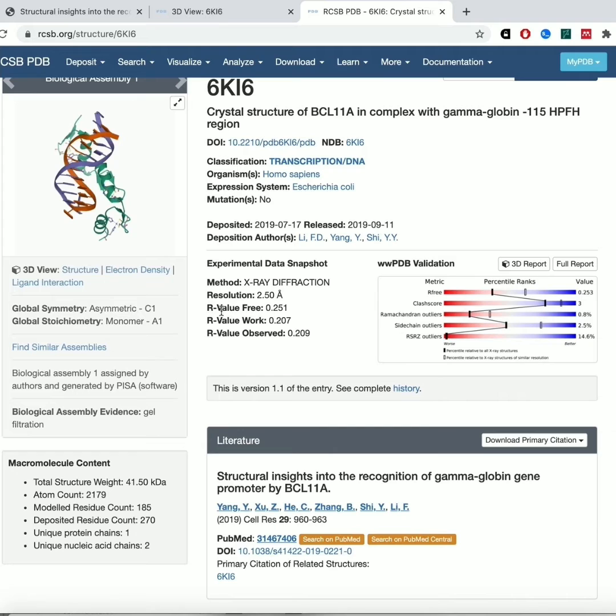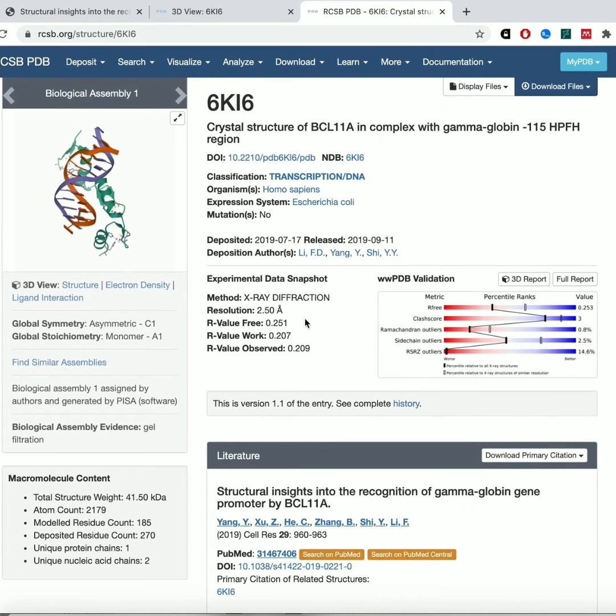We also have these R values. These refer to how well the data fits your model. R free is basically how well the data fits to your model. The R work value is a little more complicated.